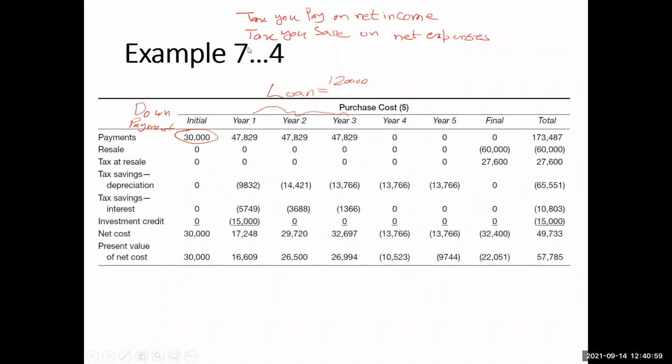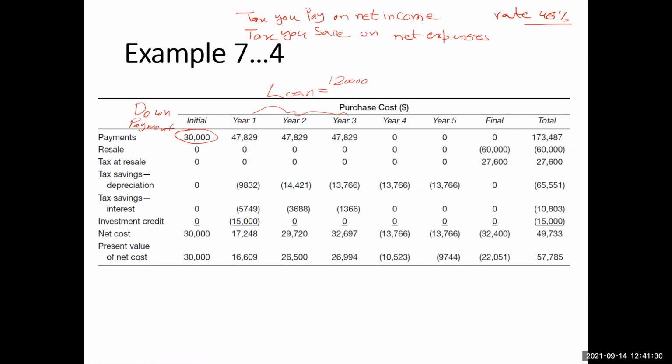Okay, so in this case, tax at resale is given as 26,600, which is basically the tax rate that has been given to you in the question. Tax rate has been given to you, 46%. So whatever will be the income, there will be a tax. This $60,000 is an income in that year, so there will be a tax of 46% on that. So 26,600 will be the tax that you will pay.